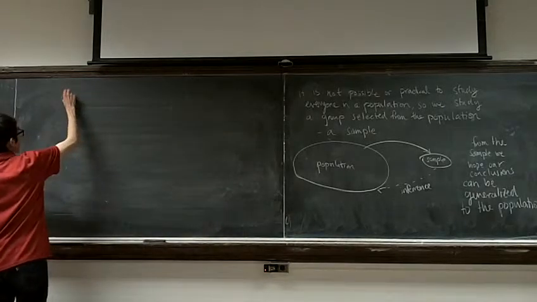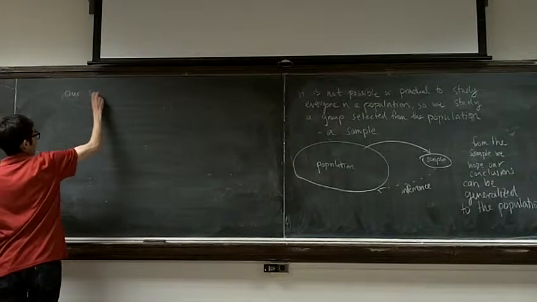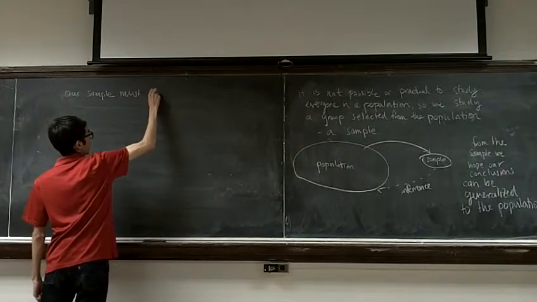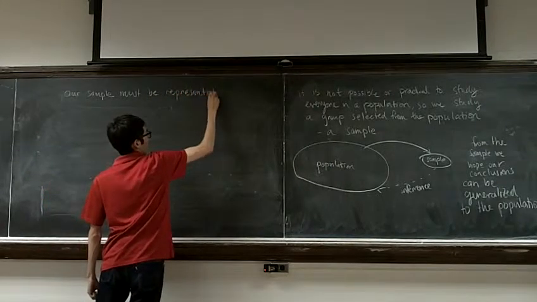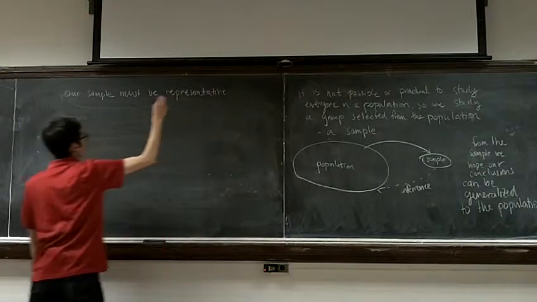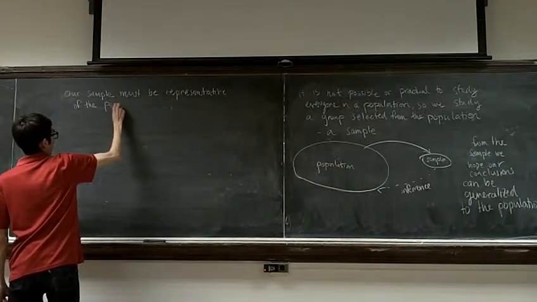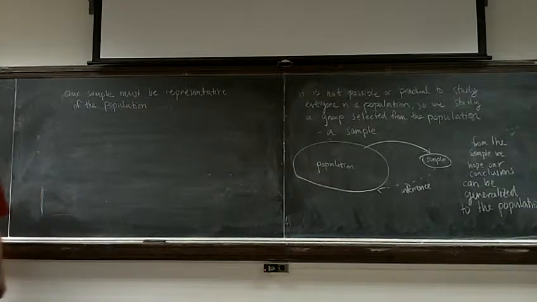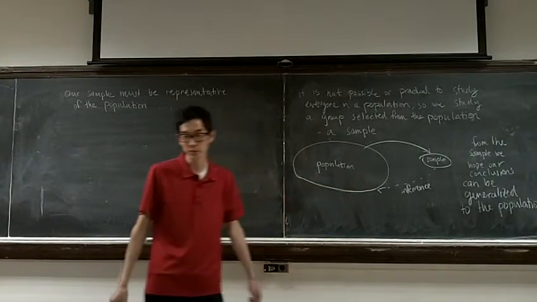Okay, so samples must be representative of the population. If this is not the case, then we cannot generalize back to the population.